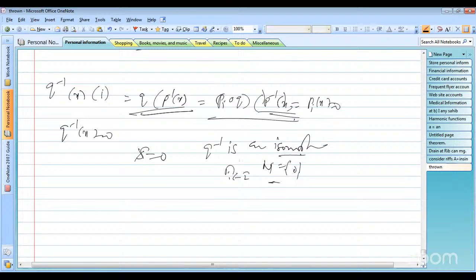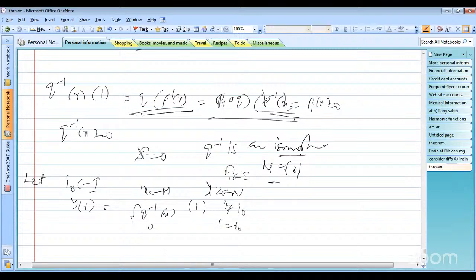To prove this, let us take i not belongs to I, so x belongs to M. Let y, z belong to N such that y of i is q inverse of x for i equal to i naught, and 0 for i not equal to i naught.